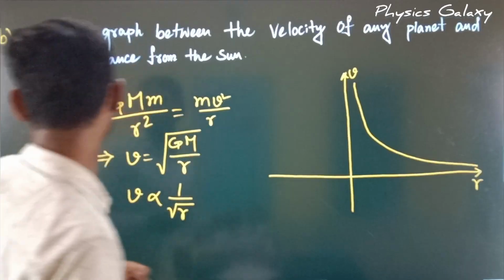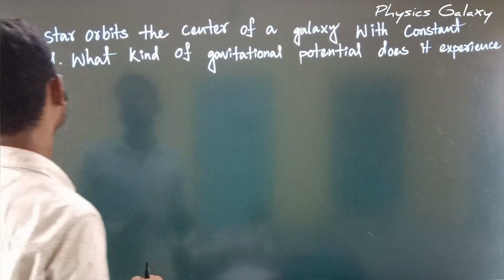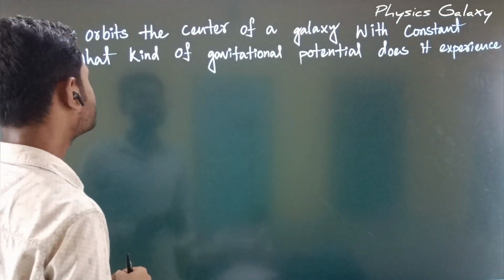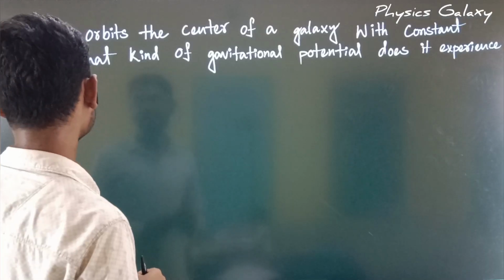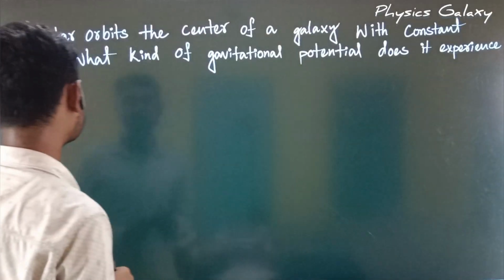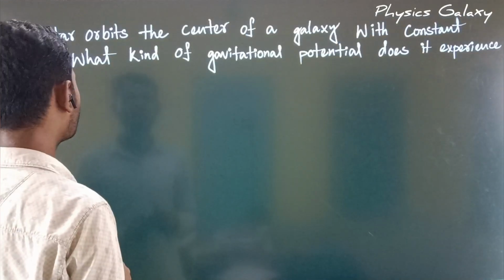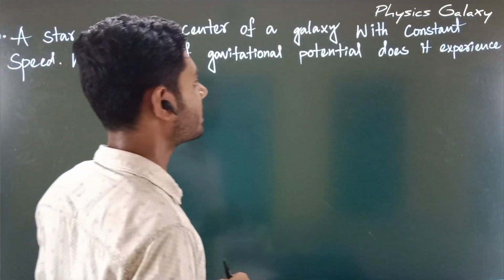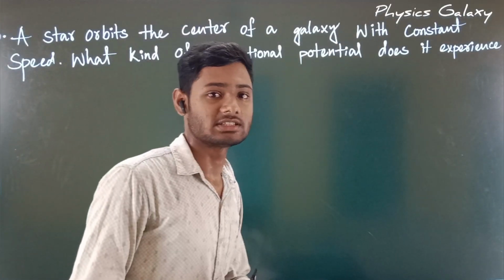Okay, now the next question was: a star orbits the center of a galaxy with constant speed, and what kind of gravitational potential does it experience?